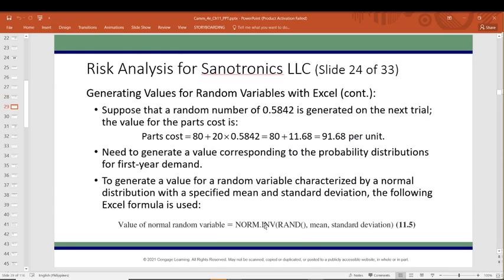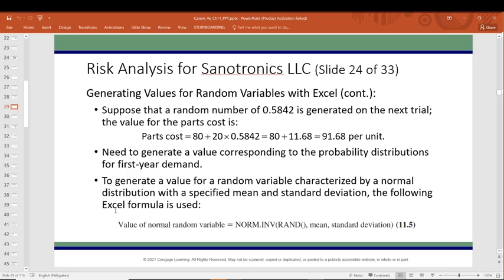Suppose that a random number of 0.5842 is generated on the next trial. The value for the parts cost would be 80 plus 20 times 0.5842, which is equal to $91.68 per unit. With appropriate choices for the lower and upper bounds, the equation can be used to generate values for any continuous uniform probability distribution.